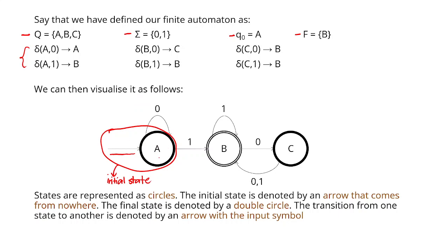The letter A is our initial state because, again, there is an arrow connecting to it which comes from nowhere. Next, we have our final state, which is B. The mark of a final state is a double circle. That is a final state.